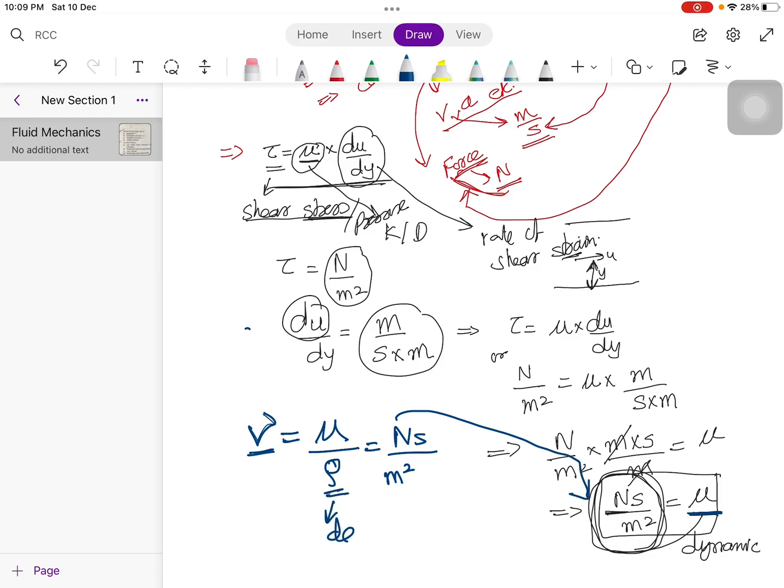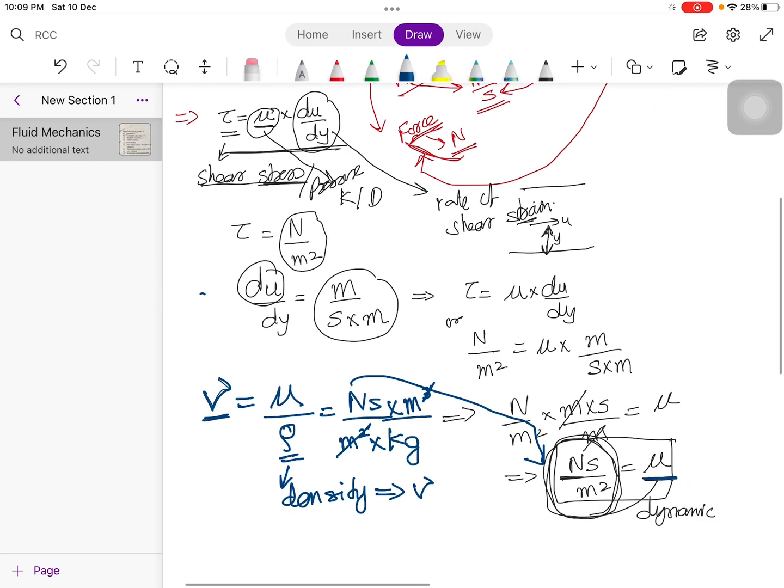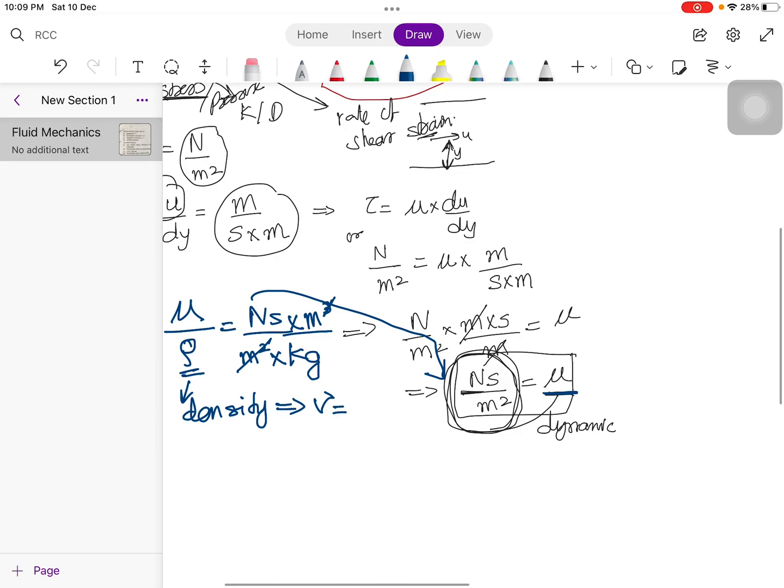Rho is the density, which is mass or kilogram per unit volume. Volume is meter cube. So meter square and cubic meters. If we solve or rearrange this equation, we will get nu equals Newton second meter times kilogram.